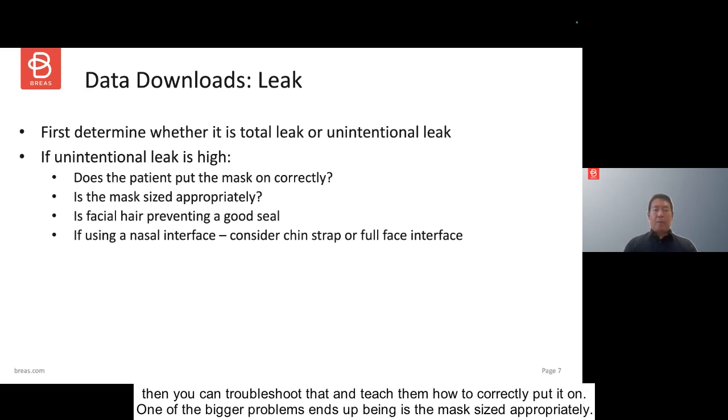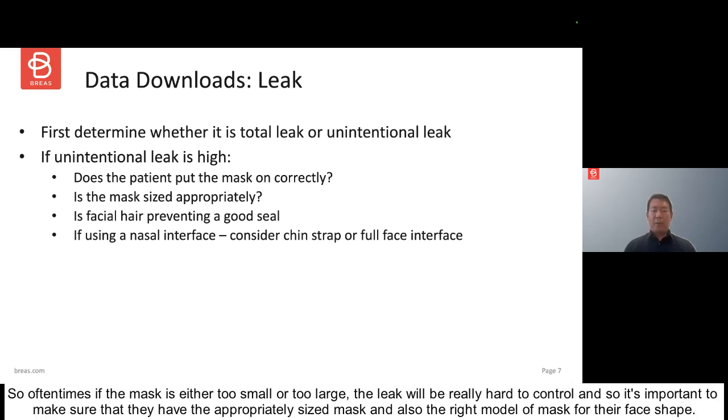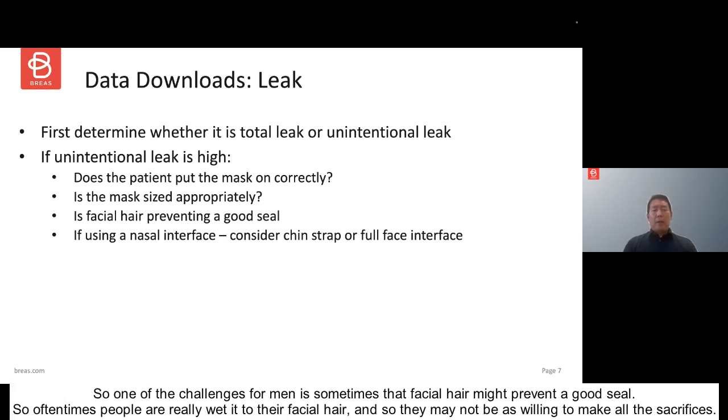One of the bigger problems ends up being, is the mask sized appropriately? Oftentimes, if the mask is either too small or too large, the leak will be really hard to control. And so it's important to make sure that they have the appropriately sized mask and also the right model of mask for their face shape. One of the challenges for men is sometimes that facial hair might prevent a good seal.